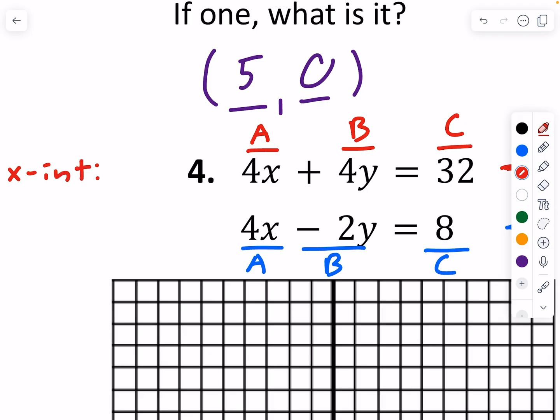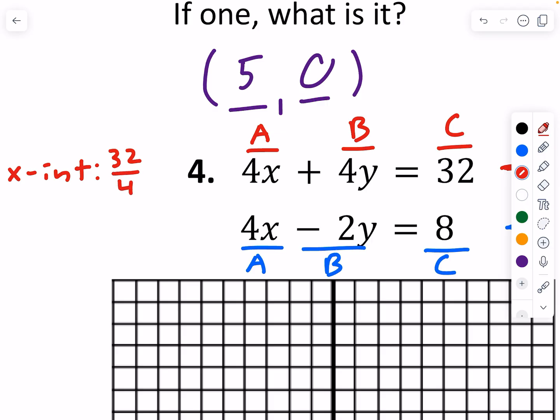What is the fraction? I just want the numbers that I will use to do my x-intercept. Absolutely, it should be 32/4.